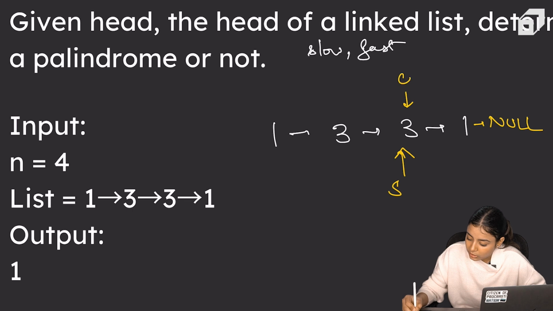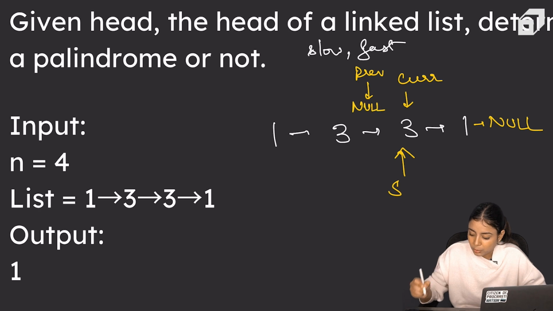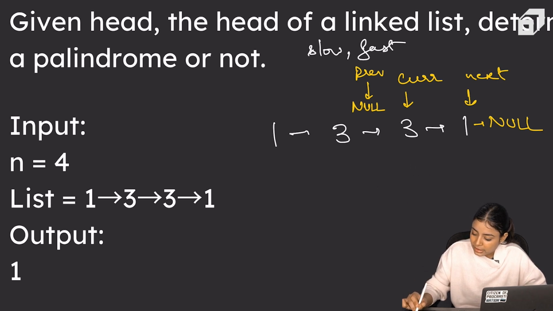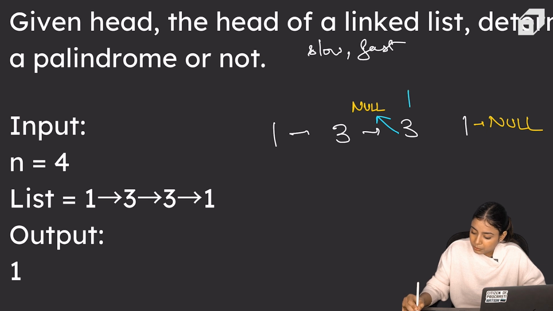So this I'll call current node. I'll make the previous pointer point to null and the next node point to next, just like we did while reversing. All right, so we change the link of current to make it point to previous. So 3 will point to null, and then we'll move all of the 3 pointers. So now previous is at 3, current is at 1, and next is at null.